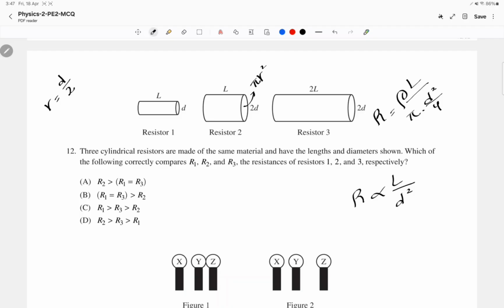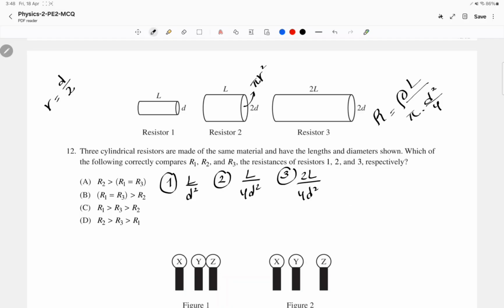Now, let's just do the proportion or the ratio for resistance 1. So you're going to do L over d squared. For resistance 2, L over 4d squared. Would you agree we're just squaring the d? For 3, it's going to be 2L over 4d squared.